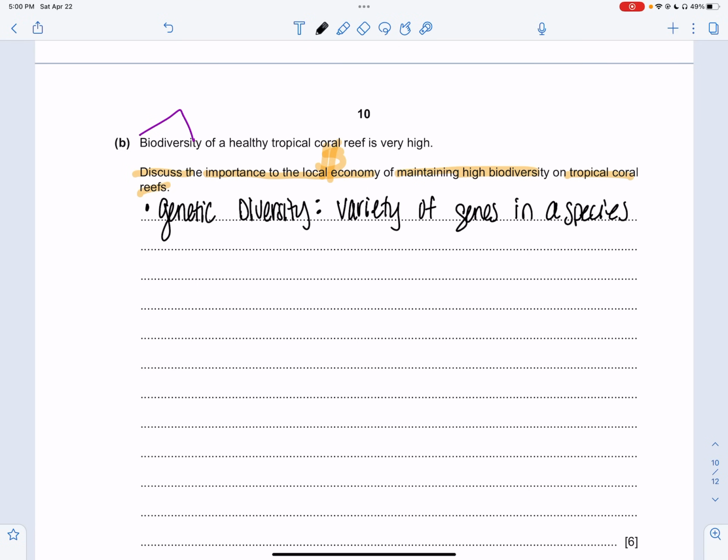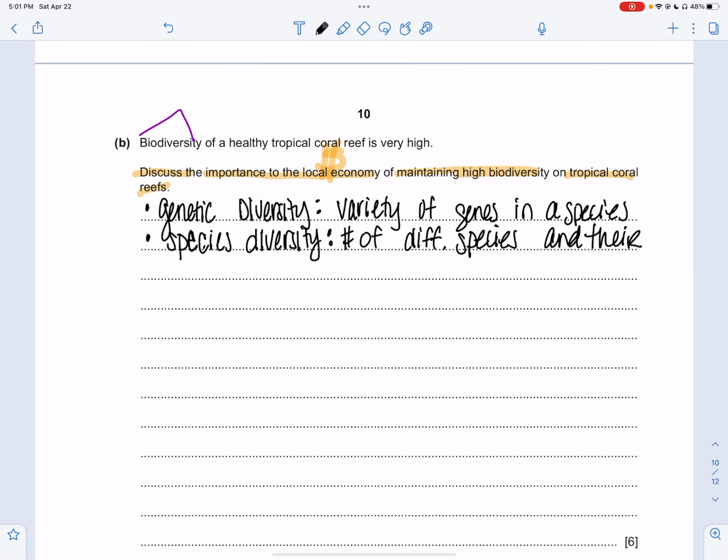Okay. Sorry, back. We have species diversity. Sorry, I'll write it out for you. Species diversity. This is the number of different species and their abundance.